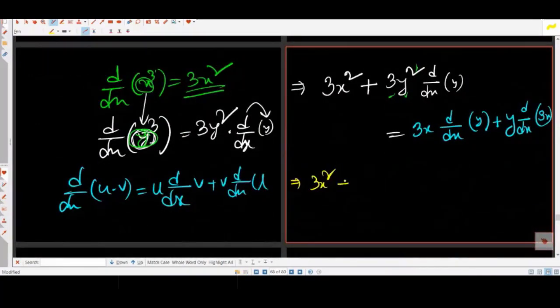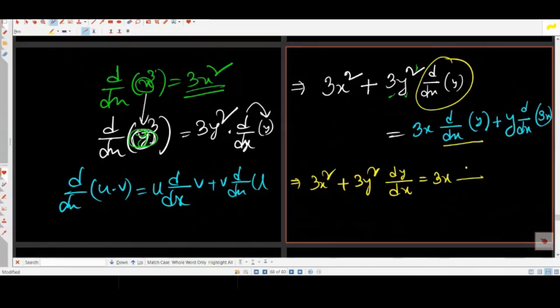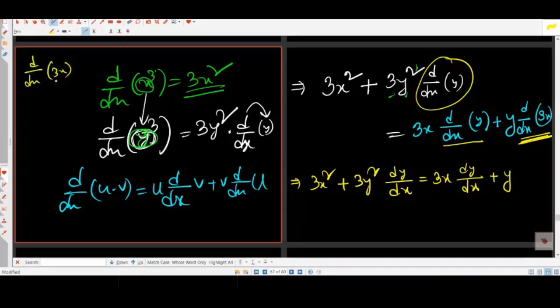So we can write like this: 3x squared plus 3y squared, we have d/dx of y. Remember, it is dy/dx equals 3x d/dx of y again. It is dy/dx plus here we have y. Now the differentiation of 3x is just 3. If you want the explanation, I can explain here. 3 is a constant, so 3 is pulled out, and then we have the derivative of x.